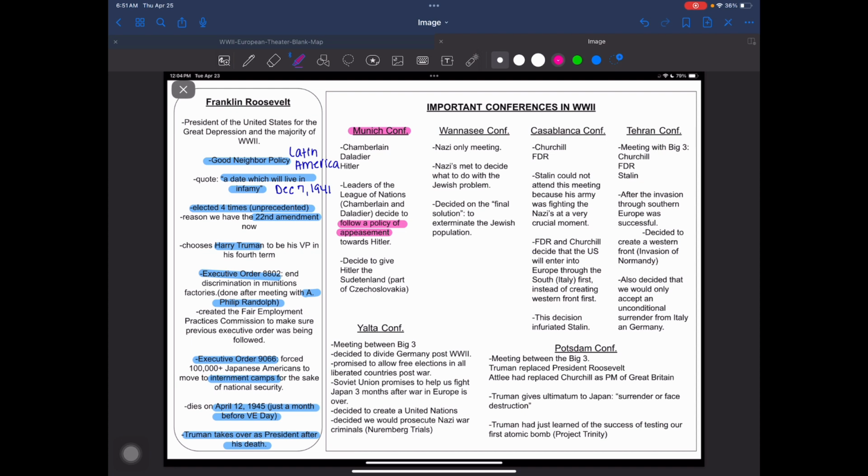The Wannsee Conference, I'm assuming I'm saying that correctly, but this was a Nazi-only meeting. And this is where the Nazis gathered together. They had all those steps that they took to get to the Holocaust, where at first, it was just discrimination with the Nuremberg laws. And then there were immigration laws asking them to leave the country of Germany.